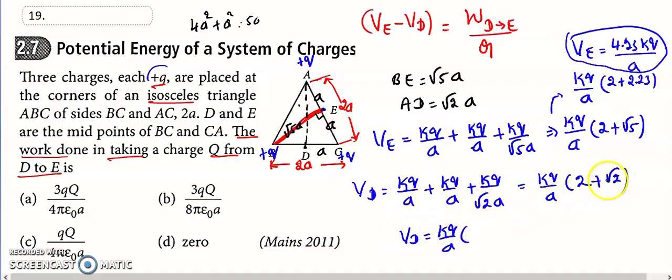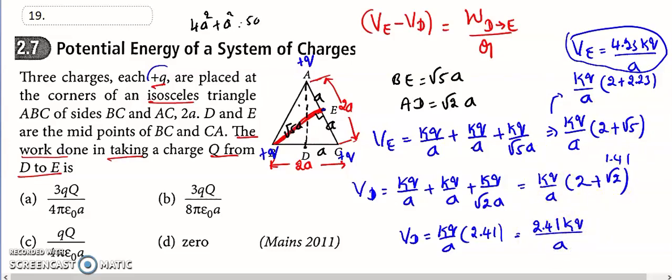What is the value of root 2? Root 2 is 1.41, so that is 2.41 kq divided by a.